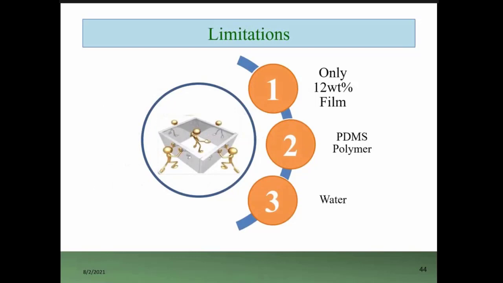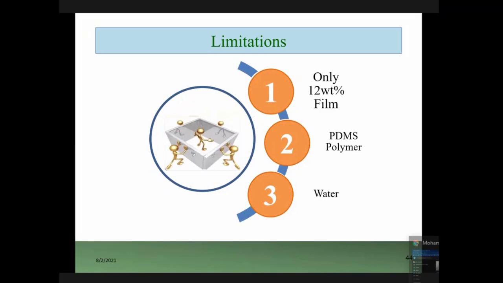But there are some limitations in my sensor. I have mentioned three basic limitations. The first one: only the 12 weight percentage film was tested for the final sensor. No other concentration of the film was tested in the final sensor, although they were fabricated and characterized.